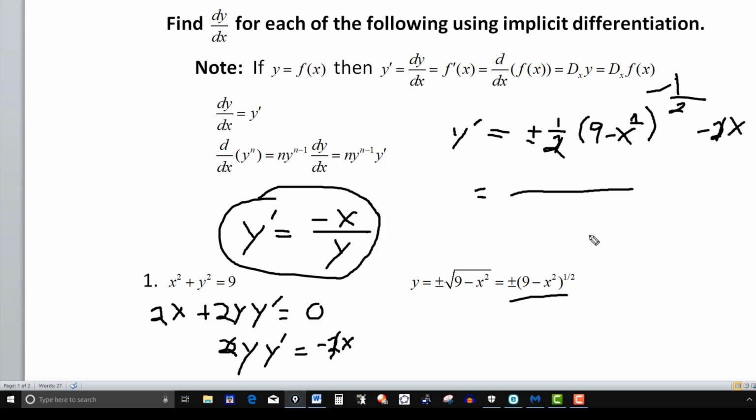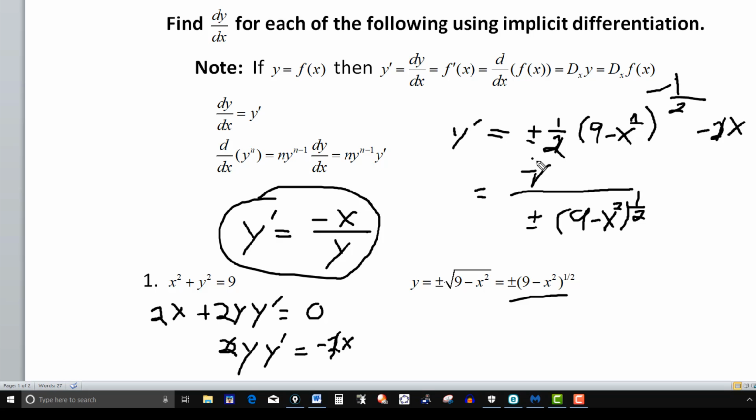So I'm going to put it down here, so this will be 9 minus x squared to the positive 1/2, using the rules for negative exponents. And the plus or minus here, I'm going to take to the bottom. And then on top, this minus is going to stay there, that's going to be minus x. Okay, there you have it.